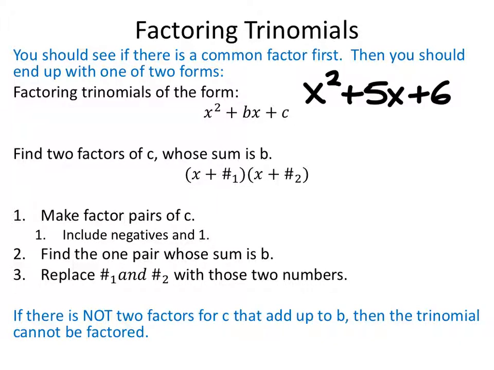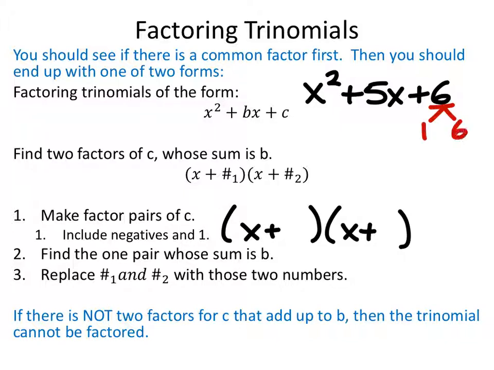So we know it has to factor into something x plus something and then x plus something else. If it were negatives, we would make it minus, x minus something in the binomials there, okay? So what we're saying on this is we want to make factor pairs of C. C in this case is the 6, because C is kind of for constant. So factor pairs would be 1 times 6.